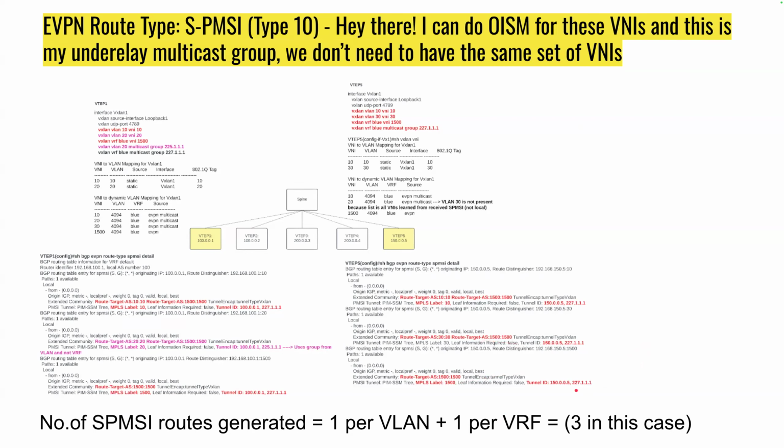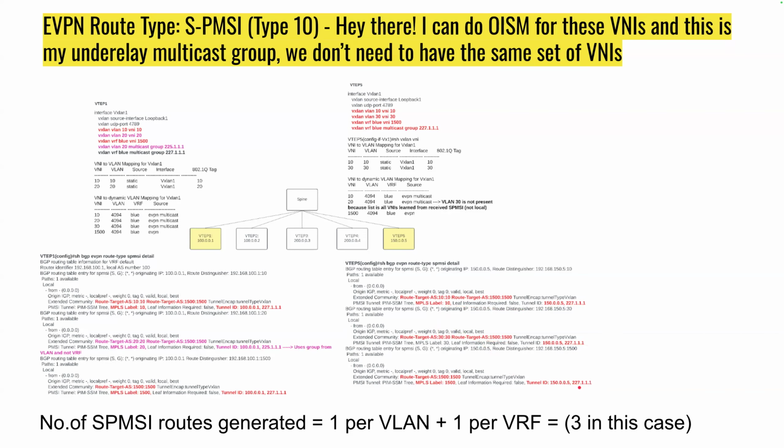Is that clear, guys? The change that we saw from L2 to L3 in the SPMSA size. Yeah, and on the right side, on VTEP 5, the SPMSA that is generated for per VLAN, we see 227,111, which is the group for the VRF. That is because there is no group specified per VLAN.